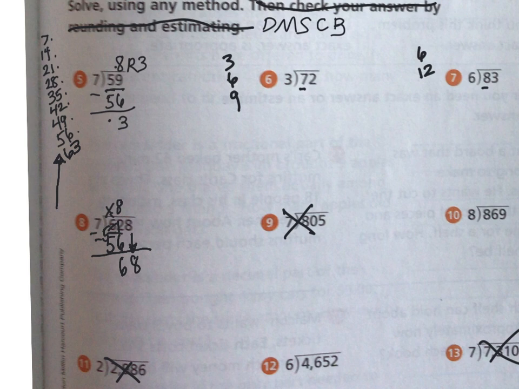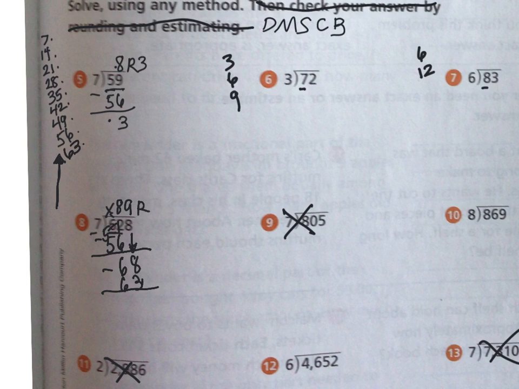I'm going to look back up here again and say, well, 7 times 9 was 63. If I do 10, that would be 70, and that'd be too big. So 7 times 9 is 63, and then I'm ready to subtract and get my remainder.